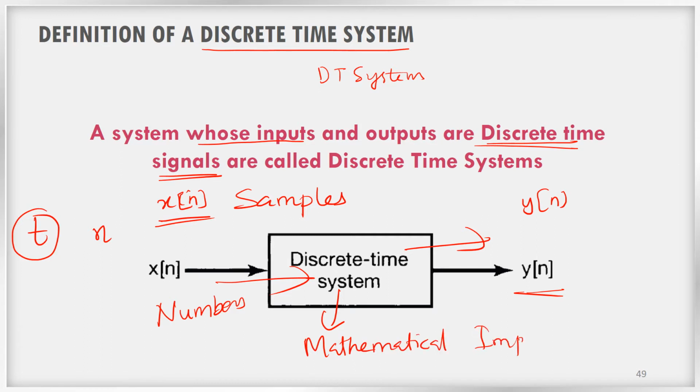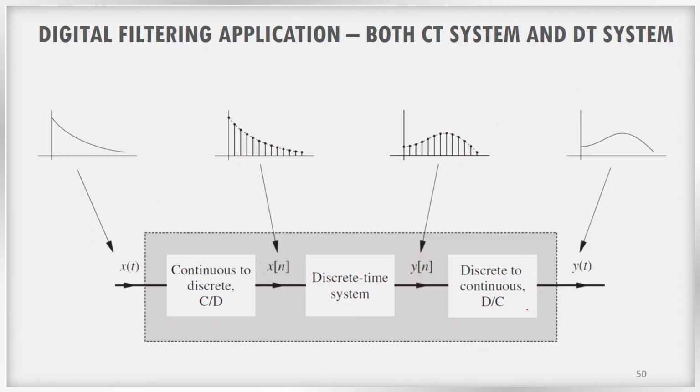Unlike the continuous time systems, discrete time systems are implemented using digital arithmetic and logical circuits.